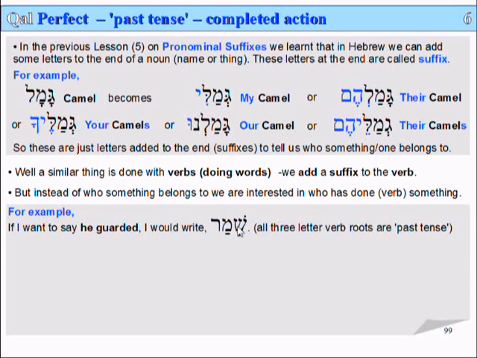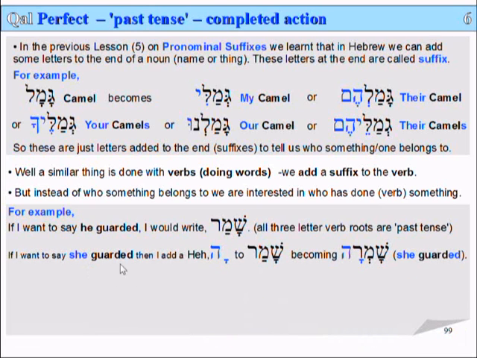So by default, if you have a verb root listed in a dictionary, the basic verb root is a past tense, and it's he did something or other in the past tense. That's how they're listed. So this verb means to guard, or he guarded.